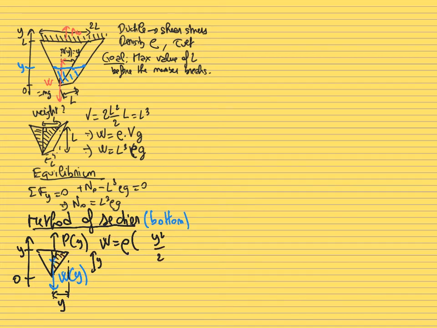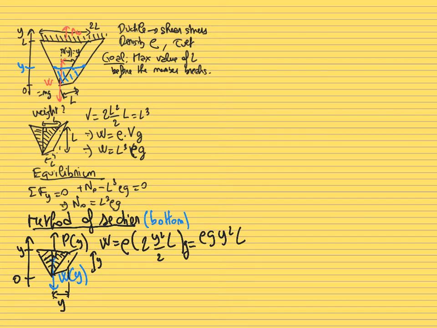Then we have two of those triangles, so we multiply by 2, and then we multiply by the thickness of this member, which is still L. I forgot to multiply by g, so we have rho g times y square times L, which is the weight of this bottom part of the cross section, which depends on y.